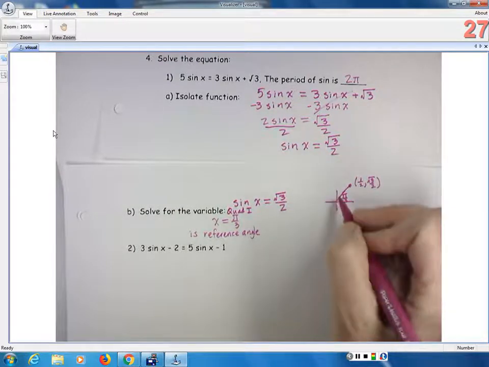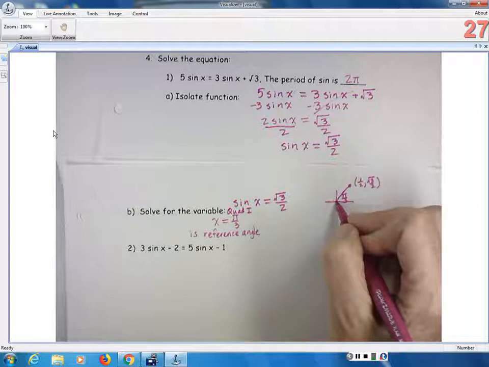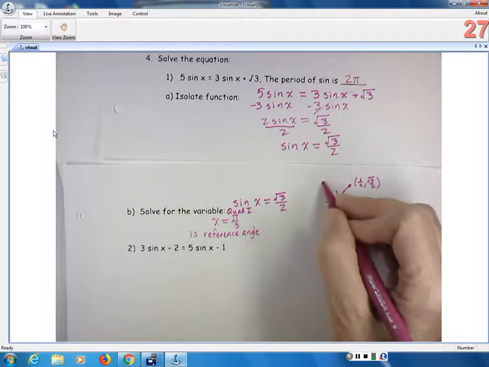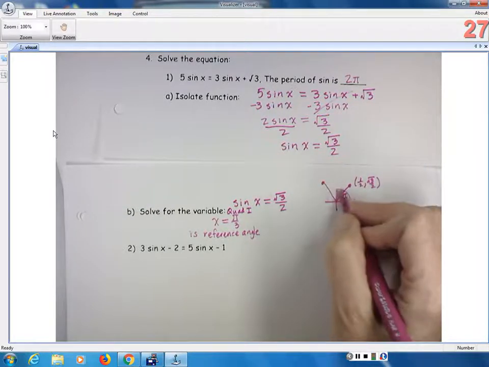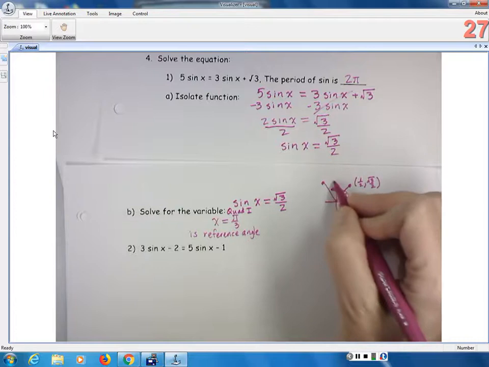So where is it also? It's at 2 pi over 3.